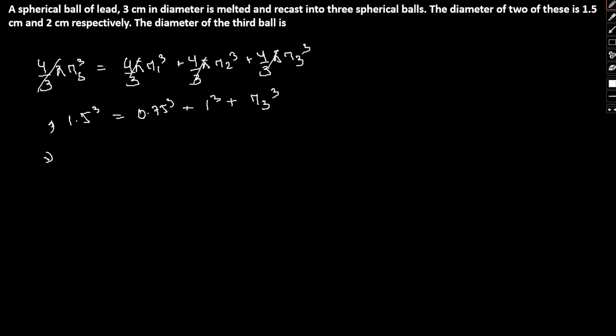1.5 is 2.25, minus 0.75³, minus 1, equal to r3³.